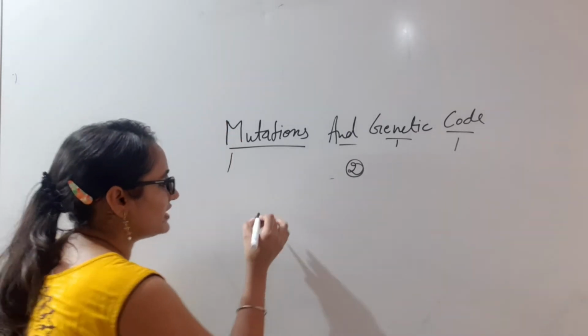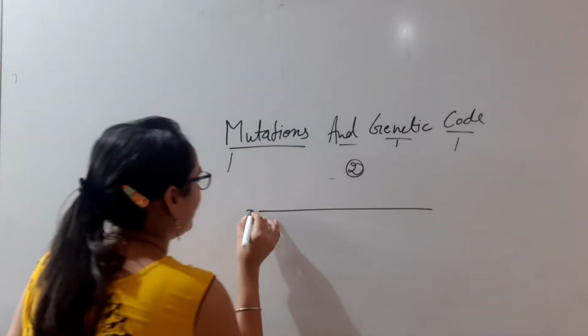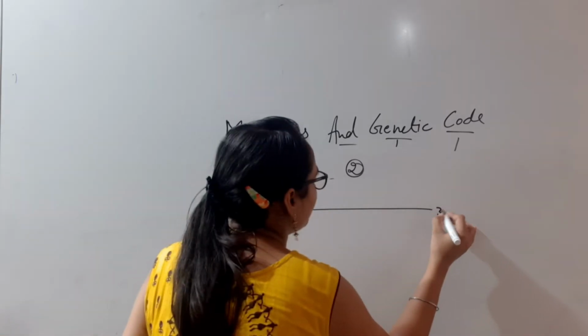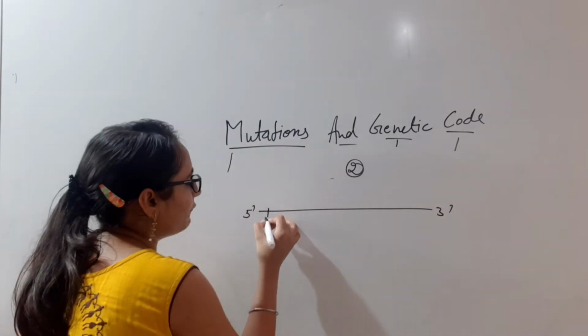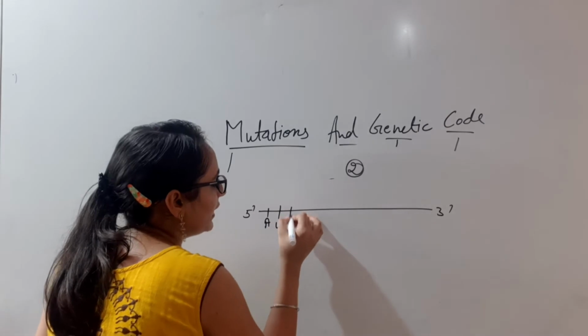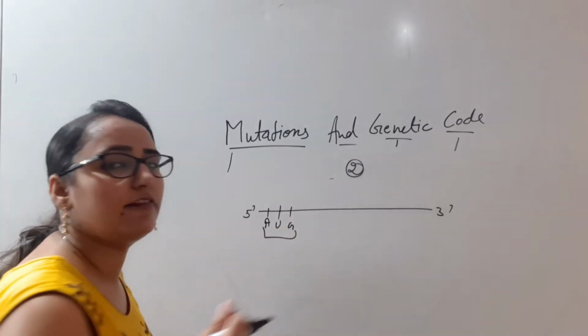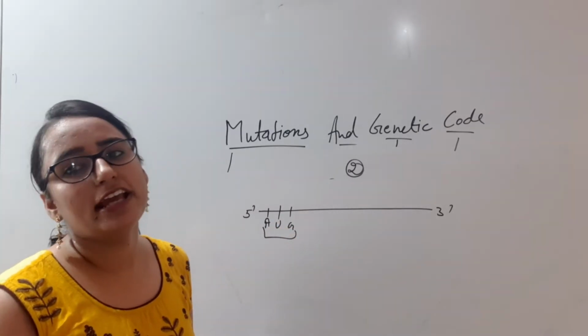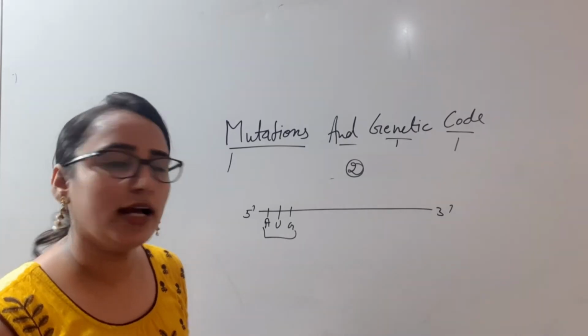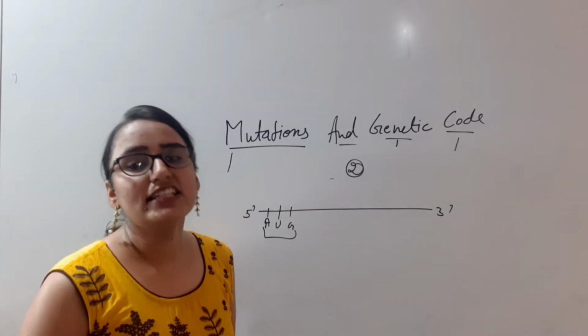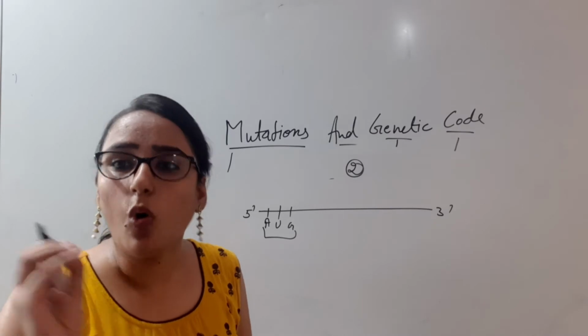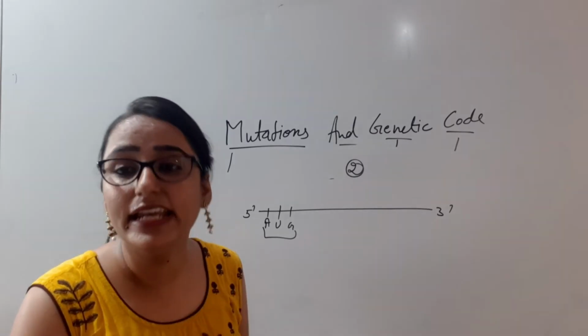So suppose this is an mRNA, this is the 5' end of the mRNA and this is the 3' end of the mRNA. First codon will always be AUG because this AUG will work as an initiator codon as well as it will code for the methionine amino acid. So the first amino acid should always be methionine in any protein.